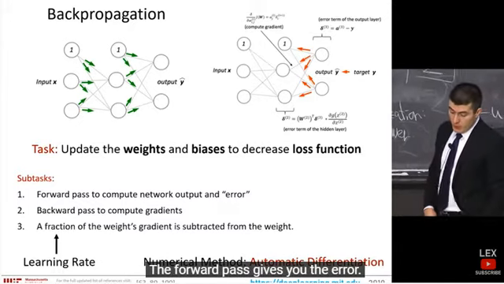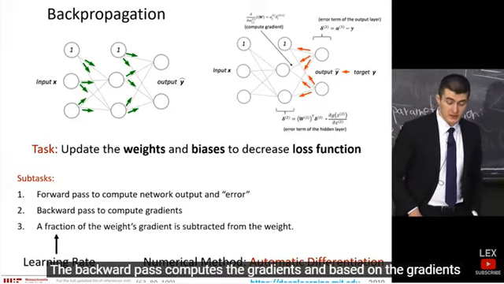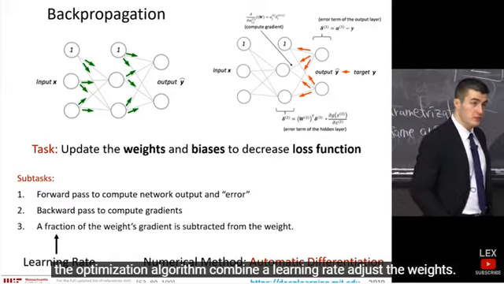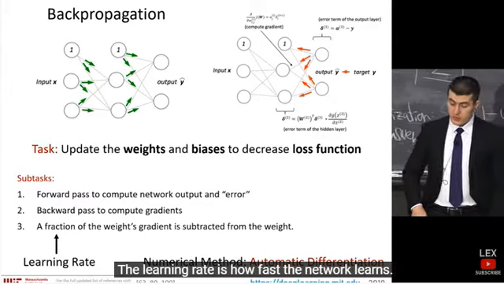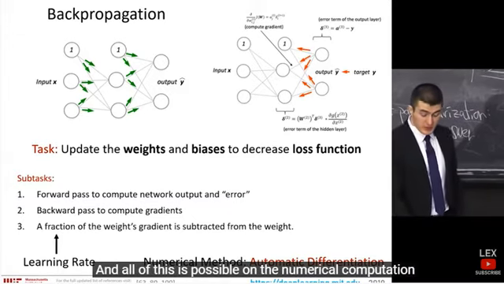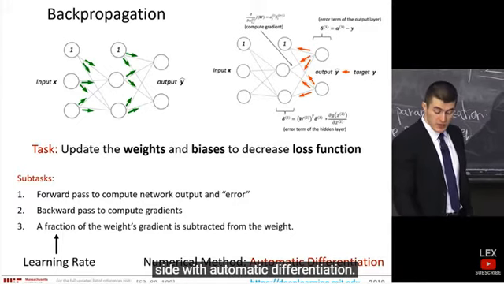The forward pass gives you the error, the backward pass computes the gradients, and based on the gradients, the optimization algorithm combined with the learning rate adjusts the weights. The learning rate is how fast the network learns. And all of this is possible on the numerical computation side with automatic differentiation.